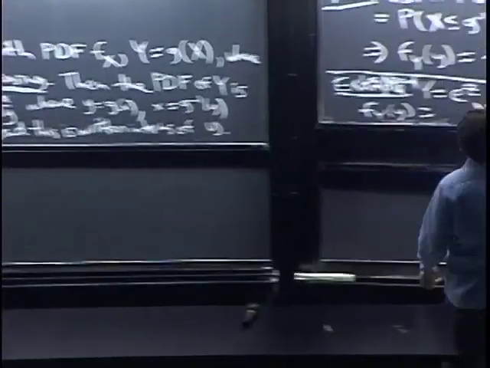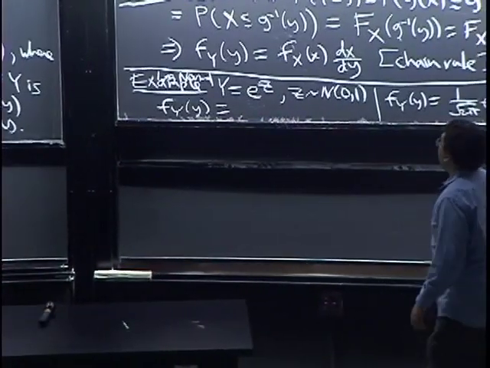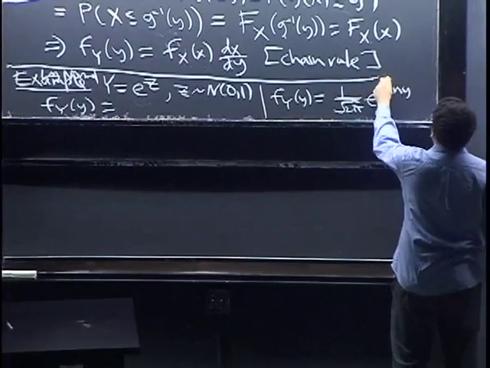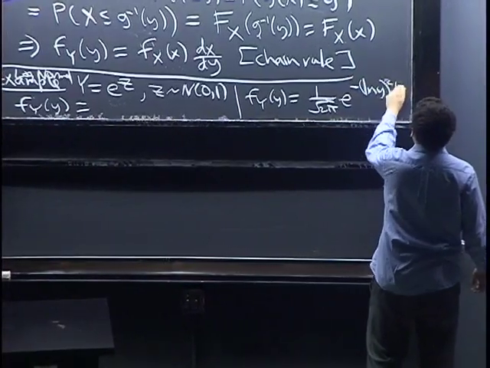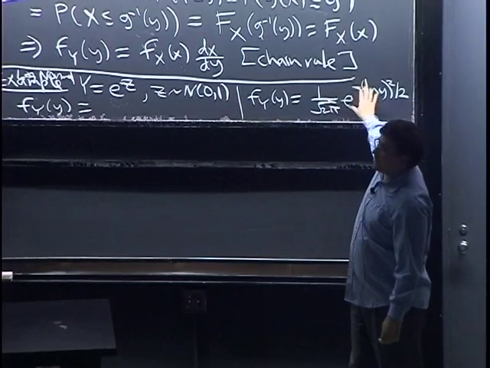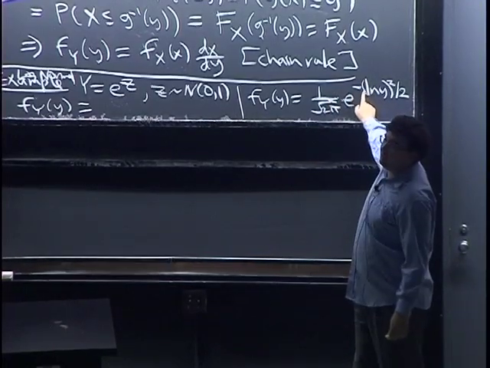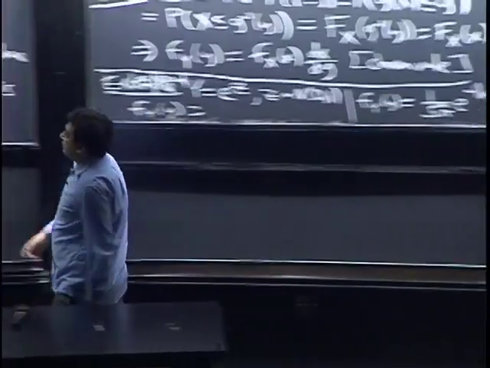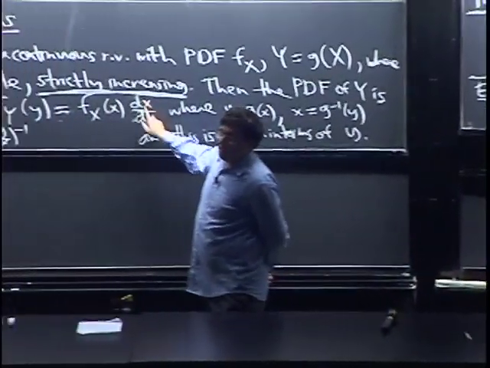So z is log y. So instead of writing z squared over 2, I'm going to write log y squared over 2. So this would be the normal density, except plugging in log y in for z. And then according to this, we also have to multiply by dz dy.